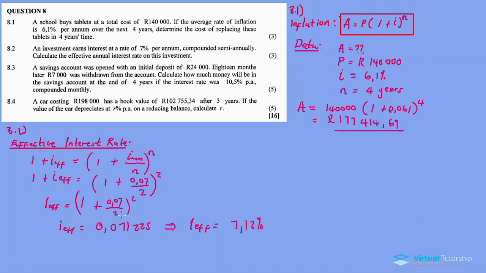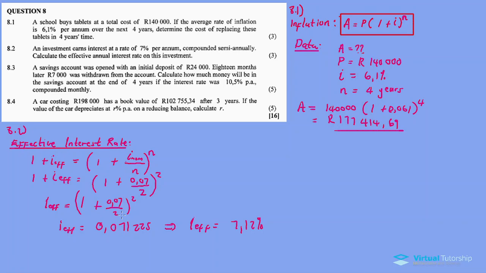The final answer for the effective interest rate or nominal interest rate, you must quote as a percentage. That's why I multiply by 100 after getting the answer of 0.071225. So this is our answer of 7.12%. This is per annum, so this is the effective interest rate.